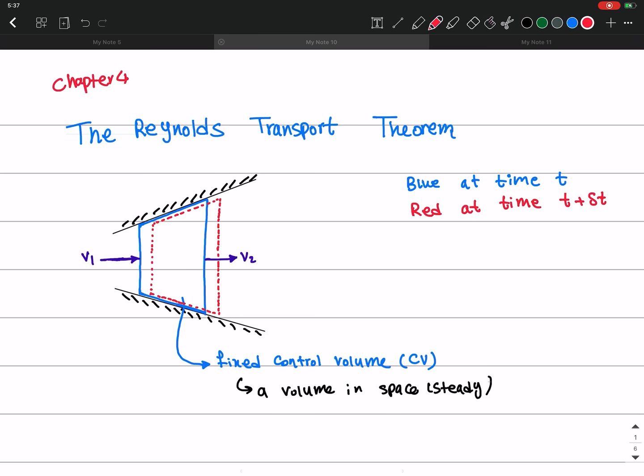Now let's see, I want to define some stuff. Here, first of all, this is the volume of a fluid.